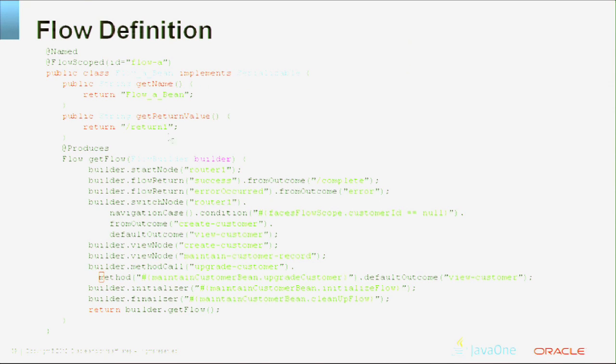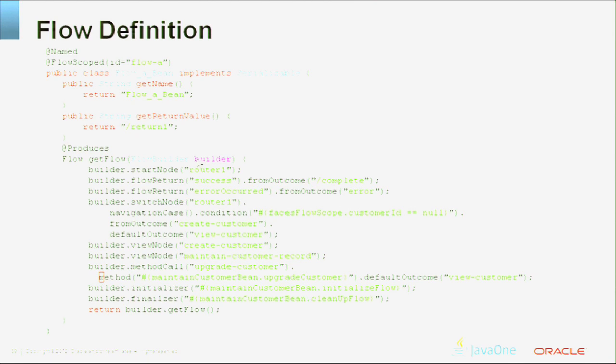So this does two things here. This is a CDI managed bean declared to be flow scoped. And when you do that, you have to declare the identifier of the flow that you are a part of. You can have many different flow scoped beans inside the same flow that belong to it. But only one of them will have this producer method on it. That is where the flow gets defined.